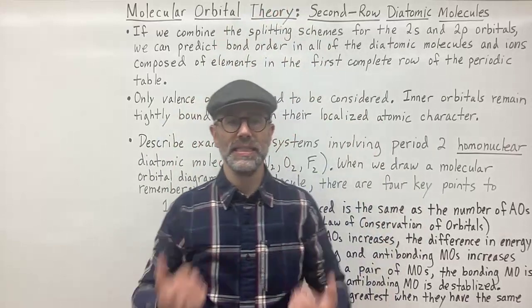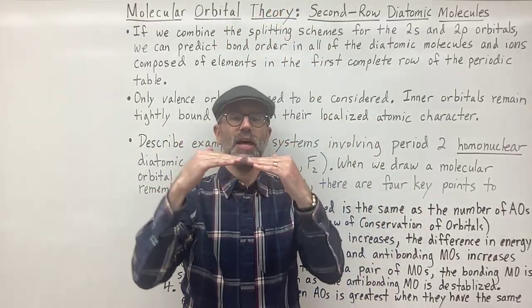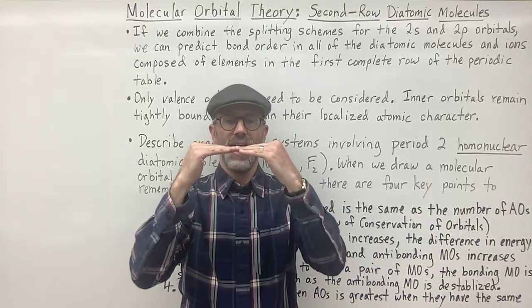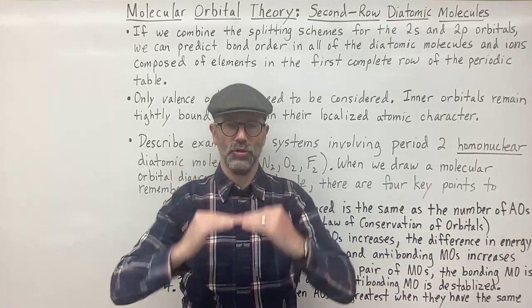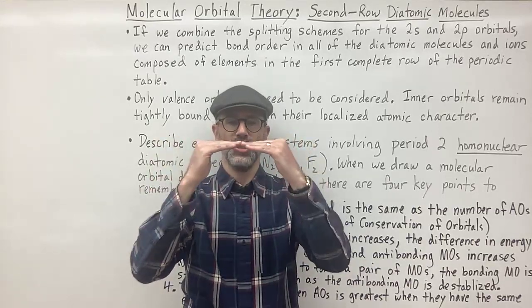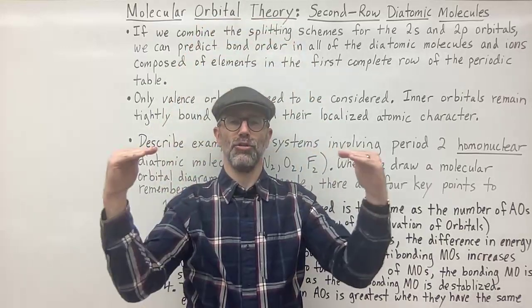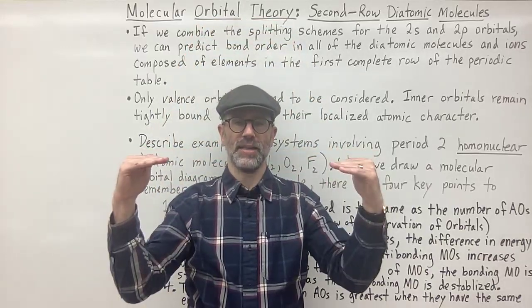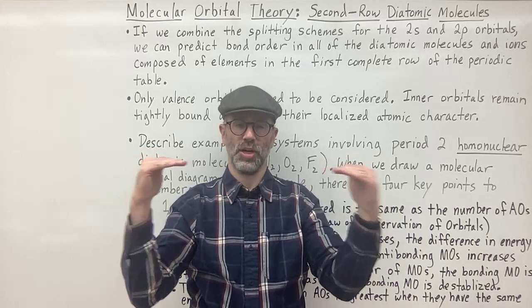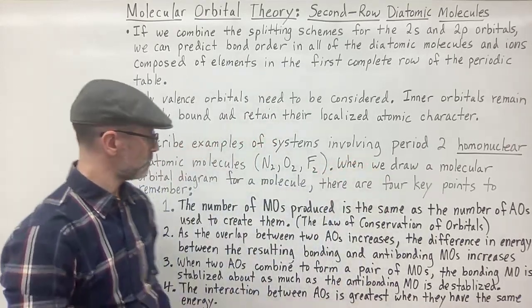So the amount the bonding orbital goes down is going to be about the same as the amount the antibonding orbital goes up, compared to the energy level of the atomic orbitals that are being used.